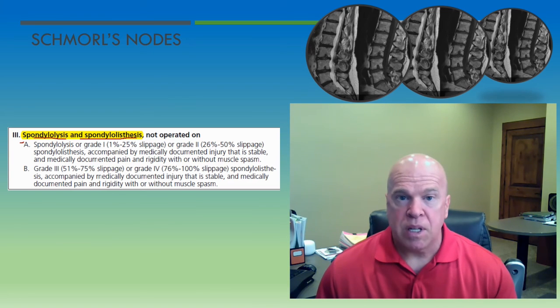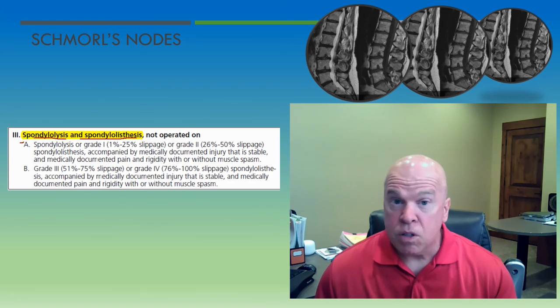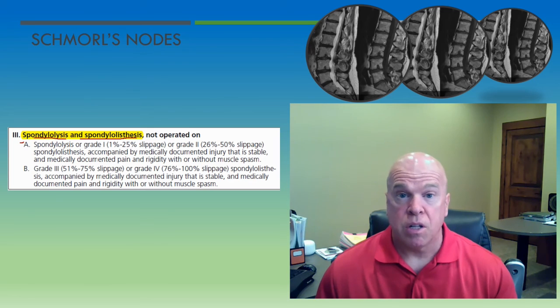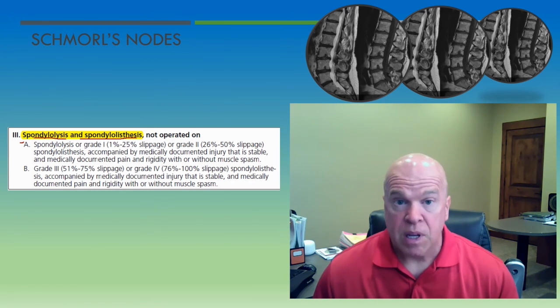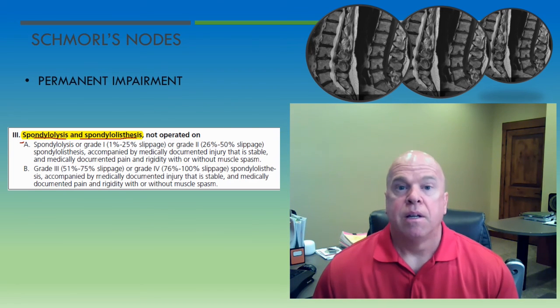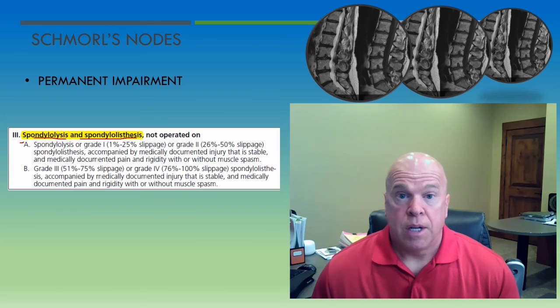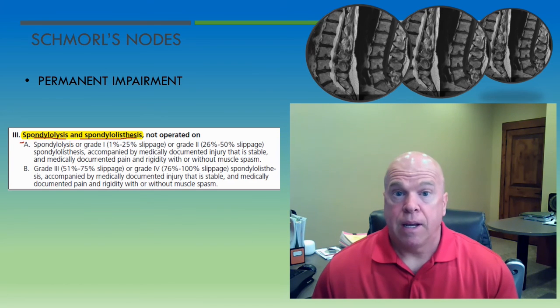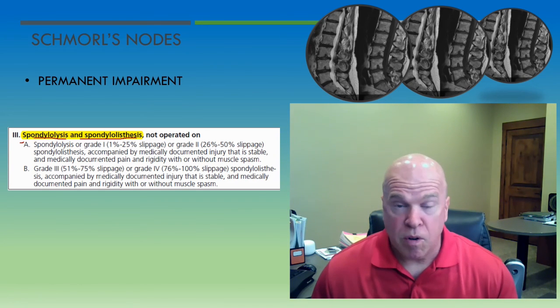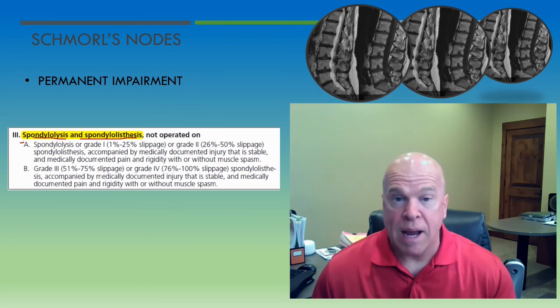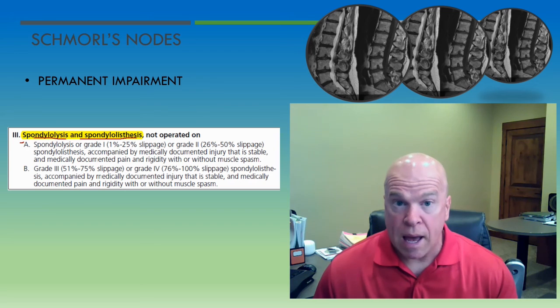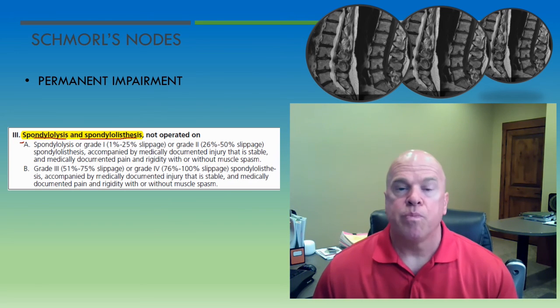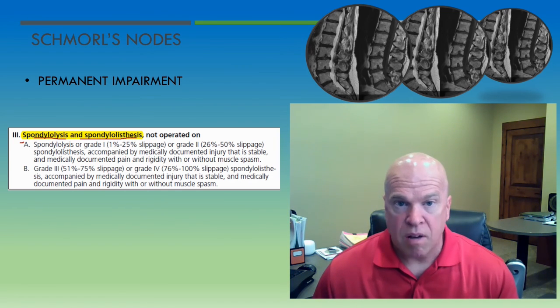And those anomalies include all different types of findings, such as lumbosacral transitional vertebra, block vertebra, and spina bifida. You're going to encounter examinees who have these conditions, and these conditions are known causes of back pain.